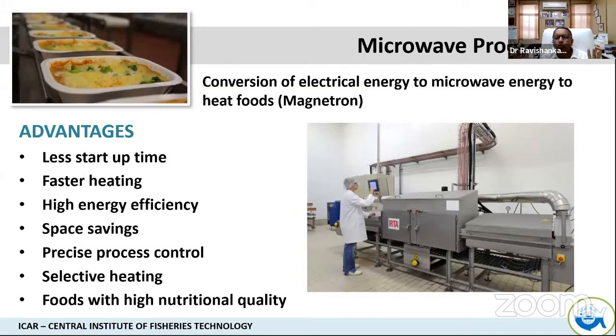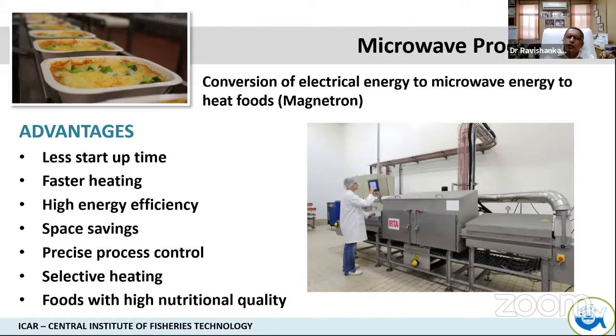Then microwave. Microwave is being limited to the warming of our food, but it has tremendous applications, I'll tell you. Less startup time, faster heating, very efficient. And this can definitely have a lot of applications in fisheries, where we are doing the blanching, we are giving a lot of importance to shrimp processing. If we can advocate microwave for blanching, nothing like that.